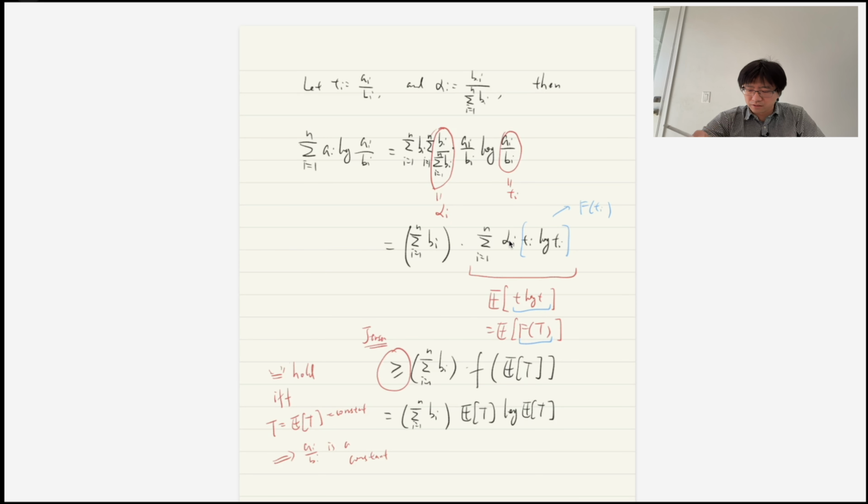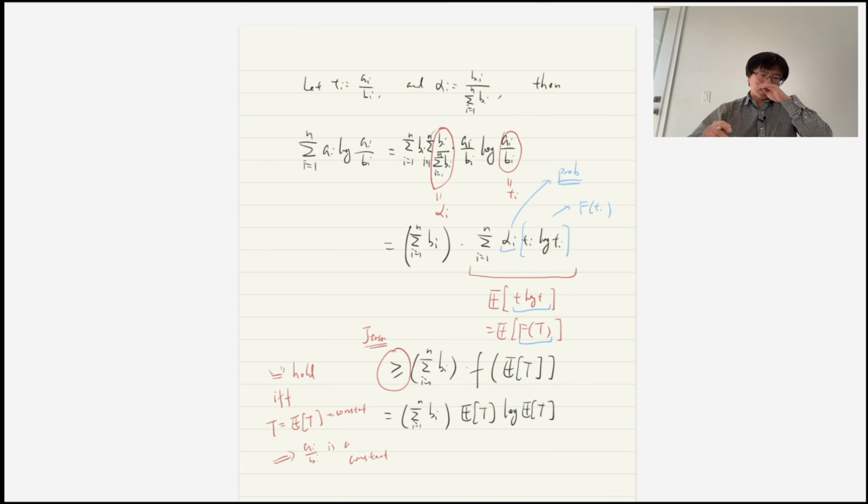Alpha i is a probability, so the probability of i happening multiplied by f(t_i), summed, gives you the expectation. Is that clear? Thank you. Yes, this is the basic definition.